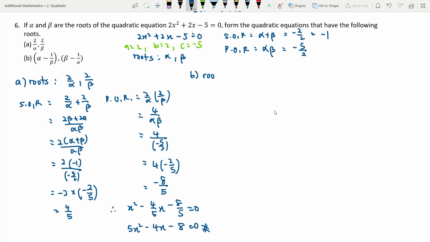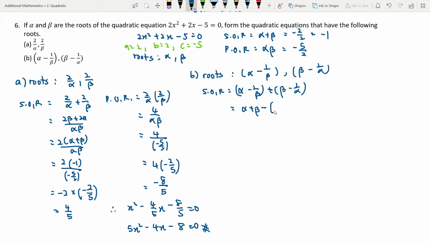B. The new roots are alpha minus 1 over beta and also beta minus 1 over alpha. Let's find the sum of root. Alpha minus 1 over beta plus beta minus 1 over alpha. We expand the bracket and group them together. Alpha plus beta minus 1 over beta plus 1 over alpha. Then we make the fraction in the bracket into a single fraction.